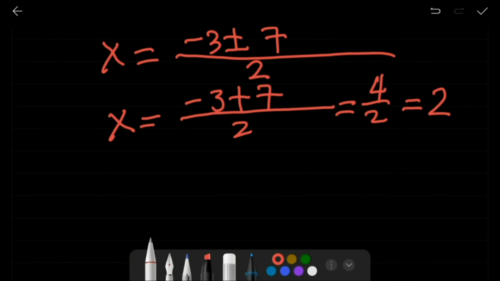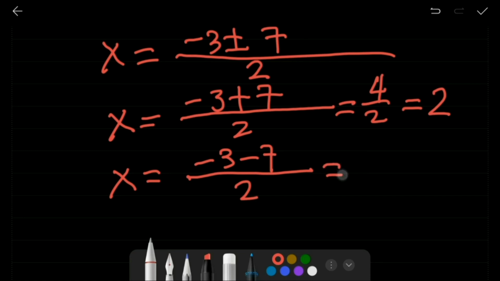Then using the negative sign, x is equal to negative 3 minus 7 over 2. Negative 3 and negative 7, that is negative 10 over 2.